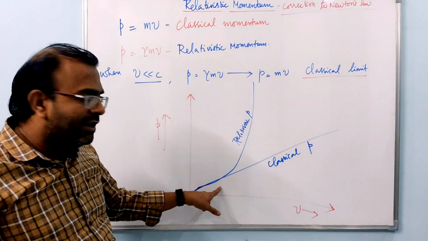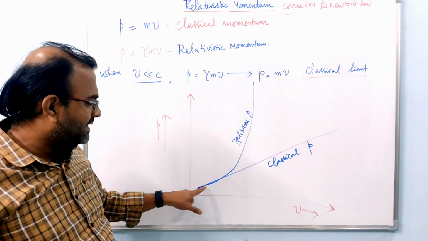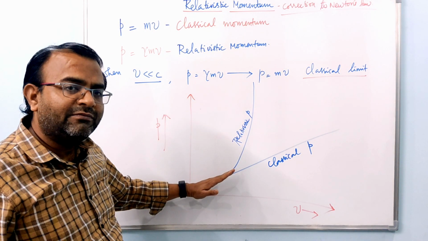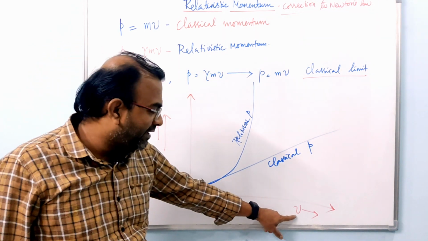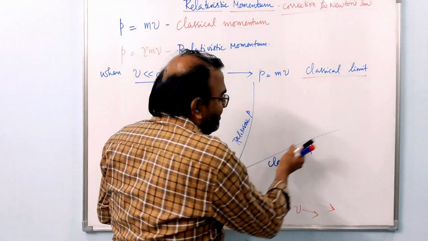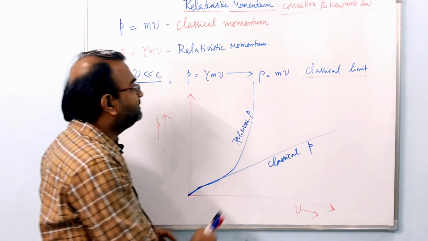For lower values of v, one can see that these two have identical values of momentum. As v increases further, there is a deviation: the classical values go straight, whereas the relativistic momentum shoots up.